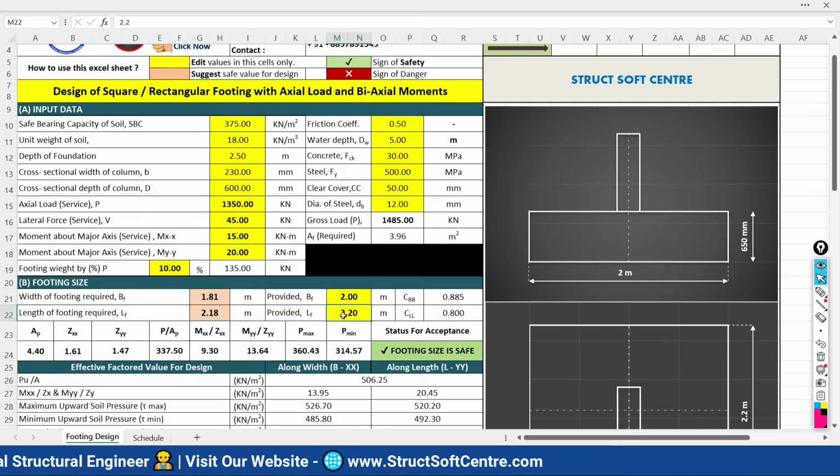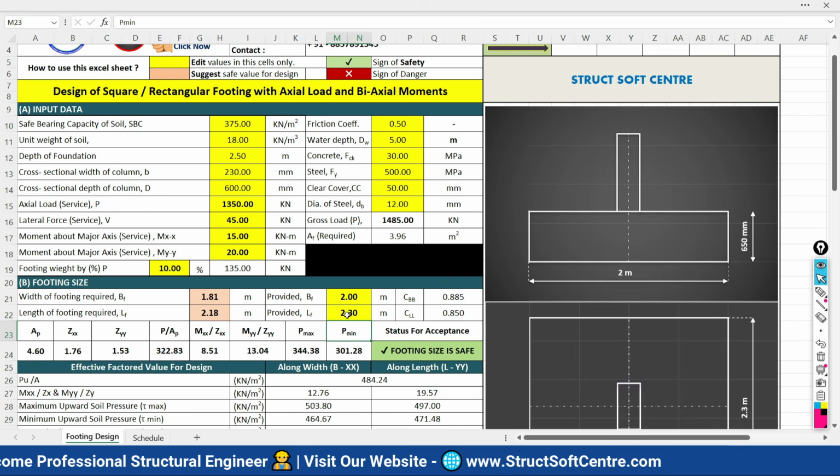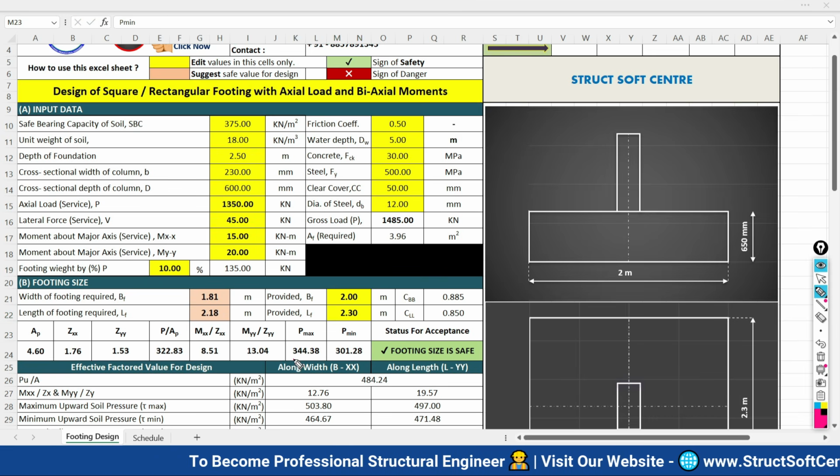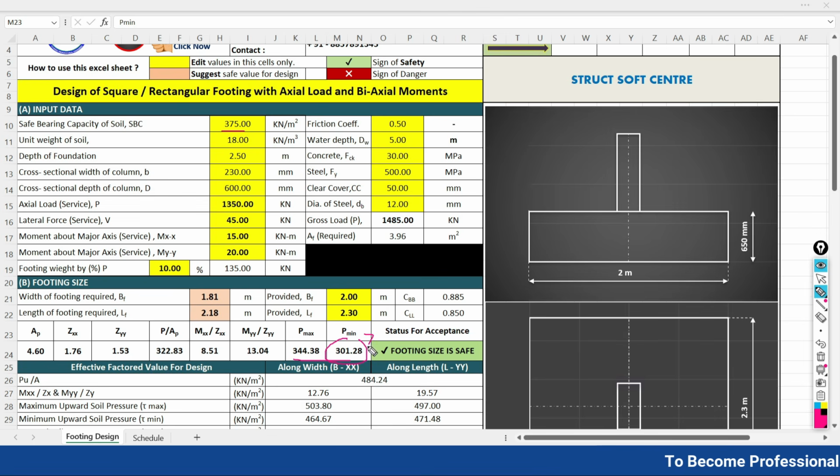So suppose here I would like to consider the length as 2.3. Now this is finally the size I am going to adopt. So the maximum pressure is 344 and your SBC is 375, so it is safe, and the minimum pressure should always be greater than 0. It is also safe.